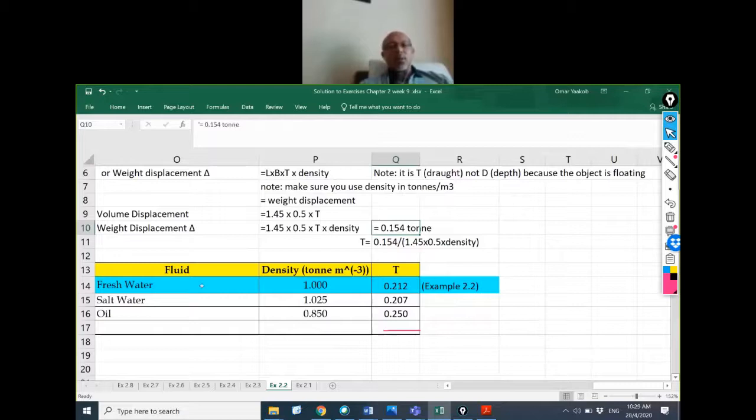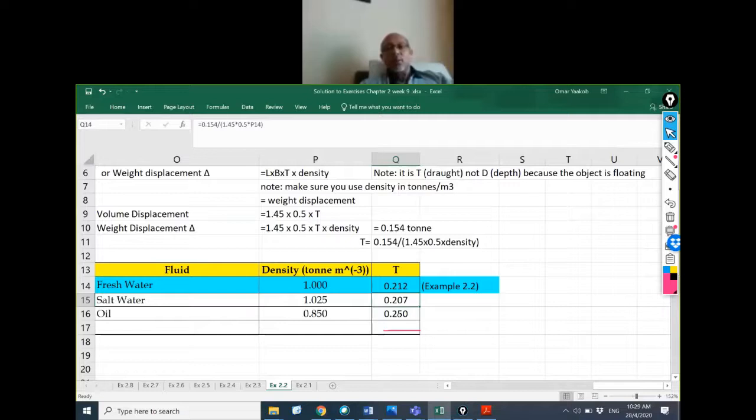The freshwater one has been done in example 2.2. So just use salt water 1.025 and oil 0.85, and we get this T changing. We see here the object is the same weight 0.1454, but when it goes into fresh water, it is 0.212. It goes into salt water, less draft.